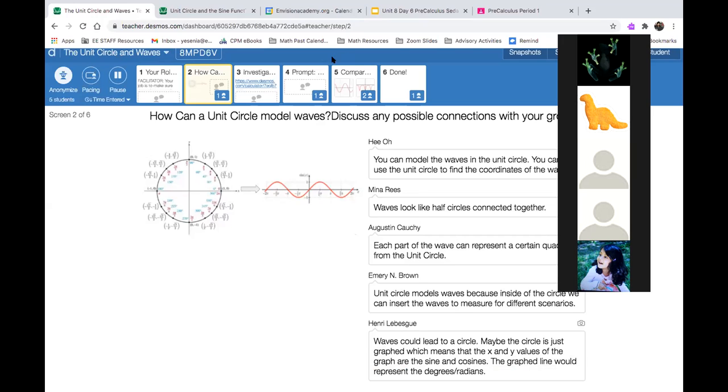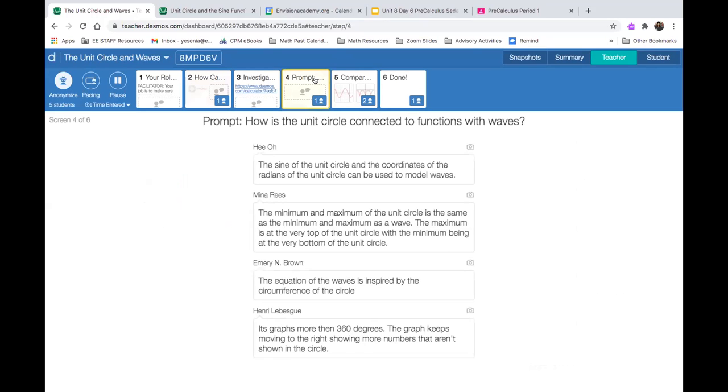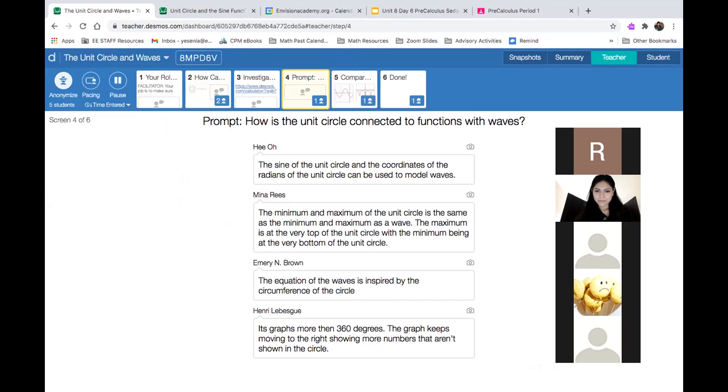And I think it takes about a full minute for all groups to be back unless they click on the thing. Okay, I think we have everyone back.